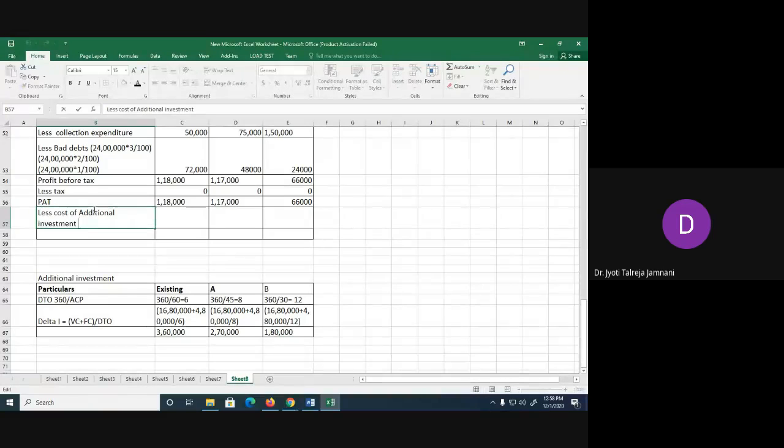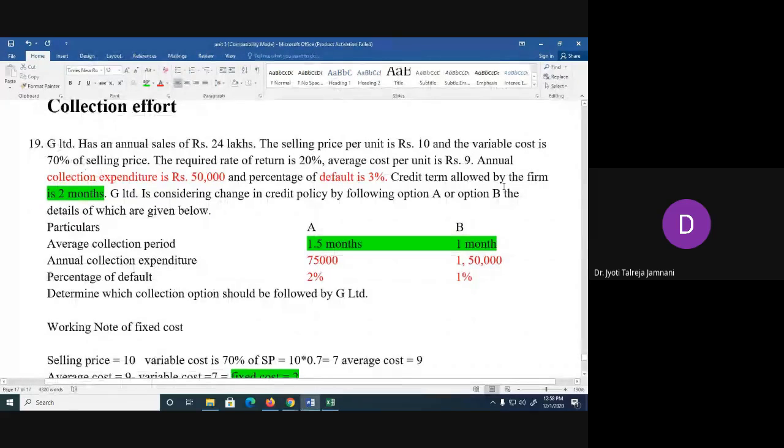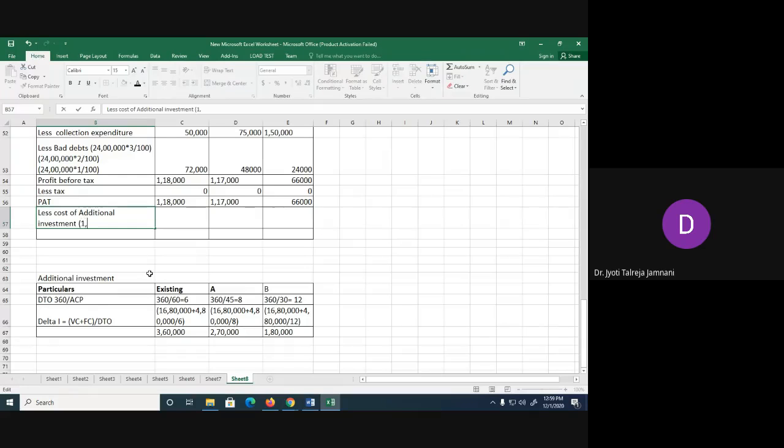We have to find the cost of additional investment. The cost percentage, just see if they have given it here. Yes, the required rate of return is 20%. So this is the cost that is given. So 1,18,000. Sorry, we have to take the additional investment, that is 3,60,000 into 20%.